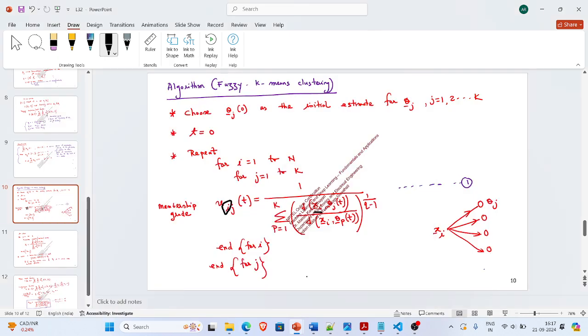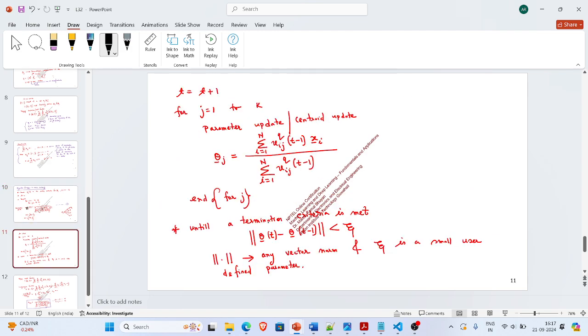That is how we run the two for loops for j and i, and we are able to calculate this uij. What does it actually mean? We are calculating the membership grade for the ith data point and the jth center.